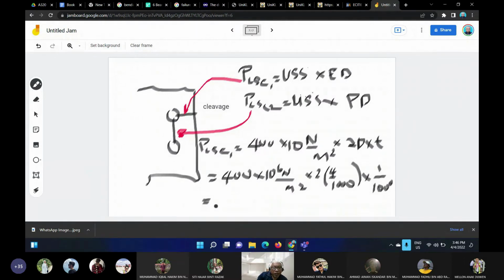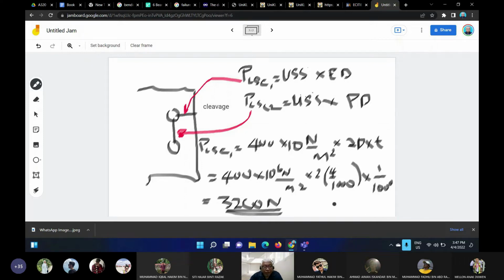You got 3200 Newton capability. So if your applied load is more than 3200, then potentially you have this cleavage failure. You need to keep the applied load for this design below 3200 Newton, or else you get this cleavage failure.